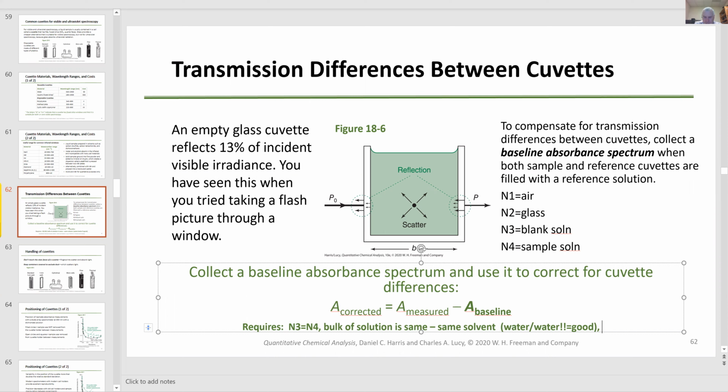So ionic strength, etc. So if you're measuring, let's say you're measuring the absorption of dye in Kool-Aid, right? I know it sounds pretty cheesy, but it's something that I'm sure somebody has done.